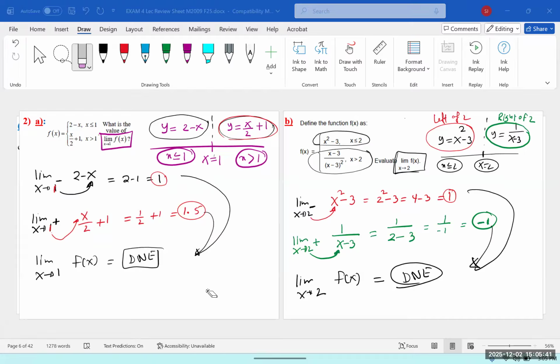Otherwise, how do I know? I'm kind of lost. So tell me where, which part? The whole thing doesn't make sense. Can you do another one?